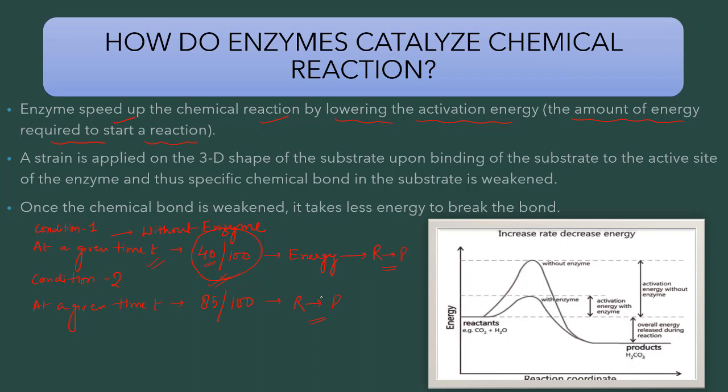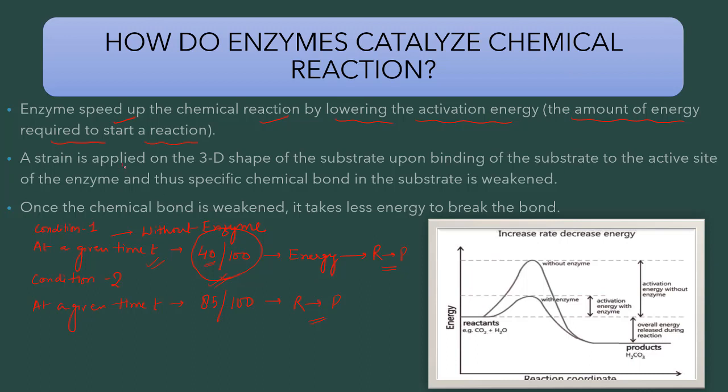So previously, there was an energy barrier which was required to be crossed by every substrate molecule, or the maximum number of substrate molecules, to convert reactants into product. But because of the presence of enzyme, that energy barrier, which is known as what? The activation energy, is overcome by the maximum number of molecules.